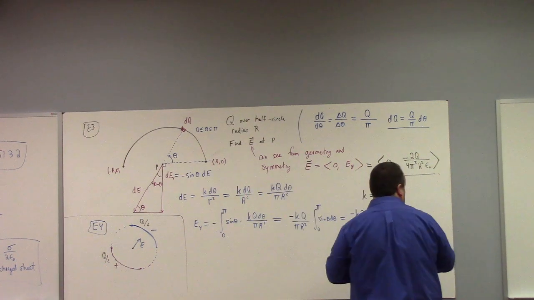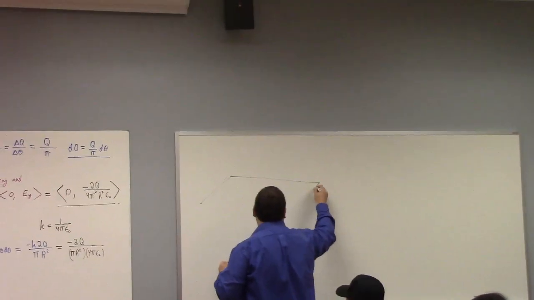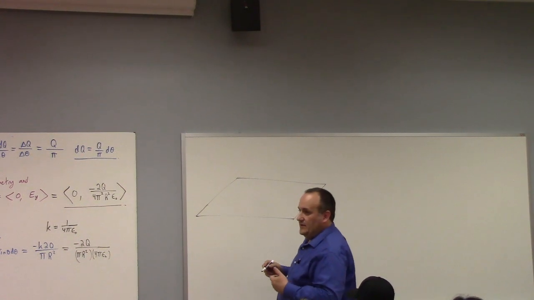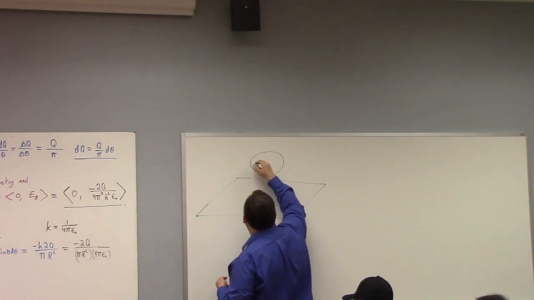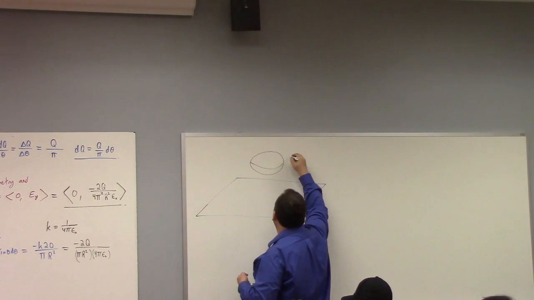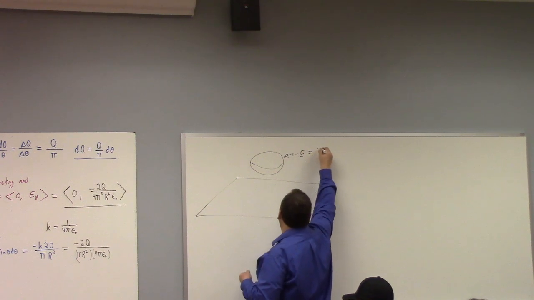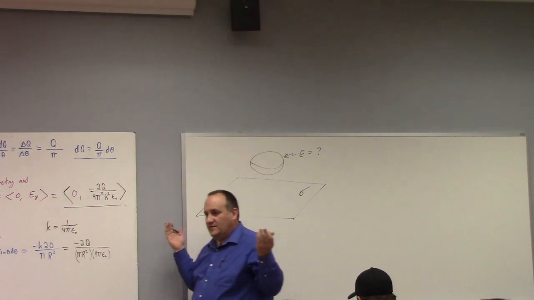Here's another example. Sorry to the person who came to my office hours, I'm recycling a comment from you. You've got a plane of charge, right? Why don't we put a Gaussian sphere up here and figure out what the electric field is? If you've got a sigma, a plane of charge down here, why don't we use a Gaussian sphere?